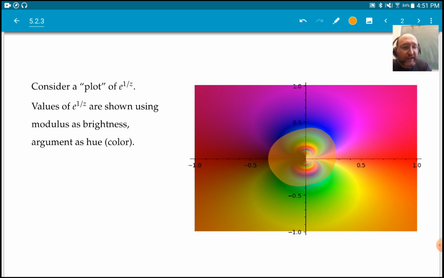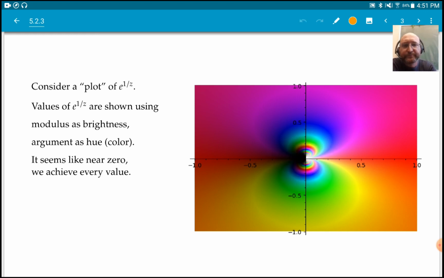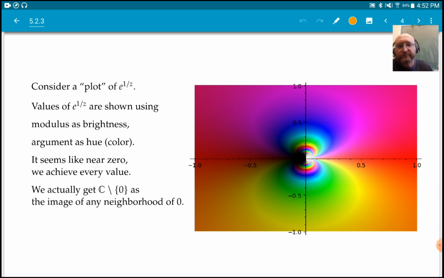No matter how small a neighborhood of the origin I take, the image under e to the 1 over z is essentially everything except 0. That's not too hard to see for this specific example. We get near 0, we achieve every value except 0. So not quite every value, but almost every value.